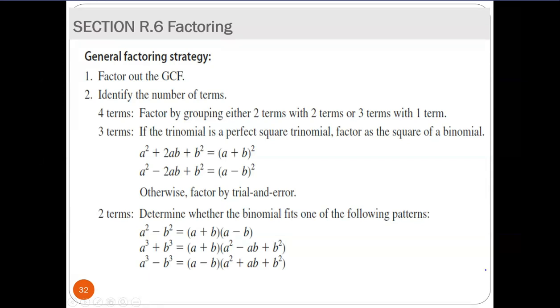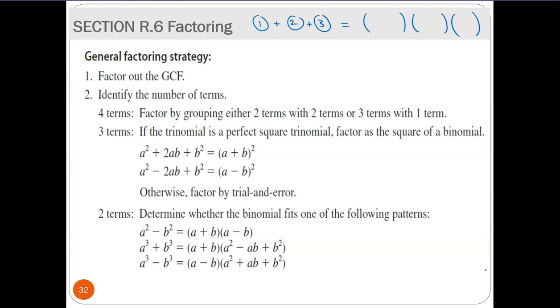The factorization in general, factoring: if you have many terms, for example, the first term plus the second plus the third term, we must put it as a product of 2 or 3 brackets. 1, 2, 3 brackets.